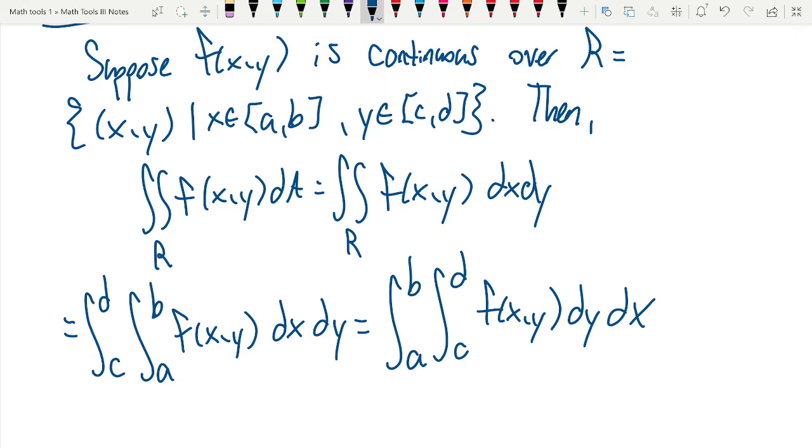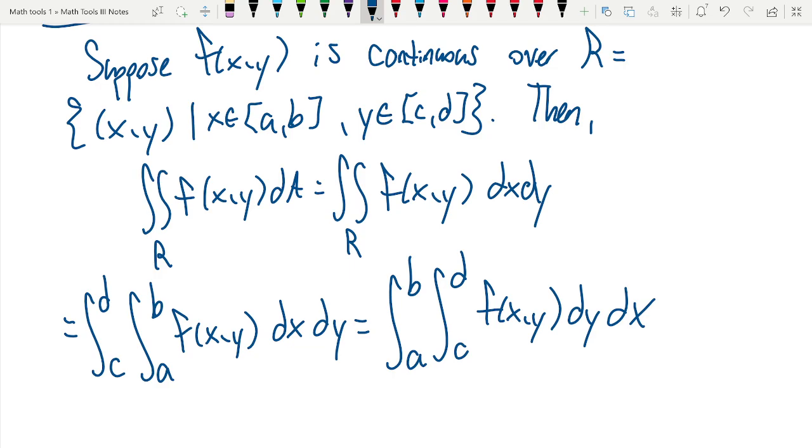Being able to change the bounds of integration is extremely useful because there's some integrals that are way easier if you do one of the variables first, especially when we get into non-rectangular regions where our bounds might be variables themselves. So this is really important, but note the very strong condition, which is that it needs to be continuous, right? And of course, lots of functions aren't continuous.